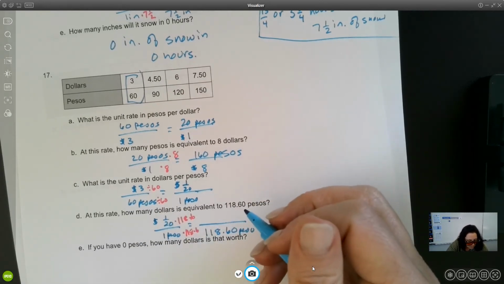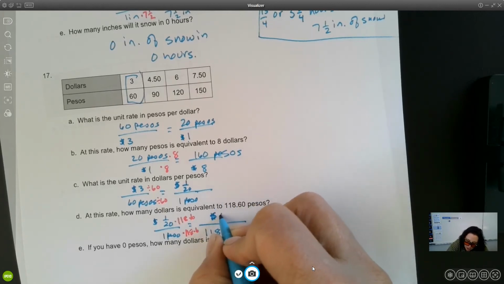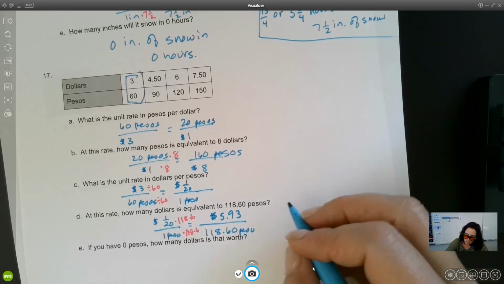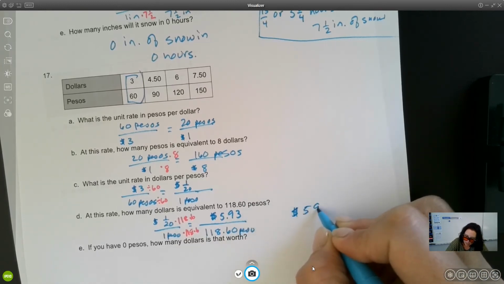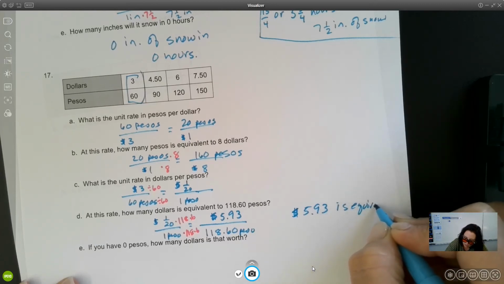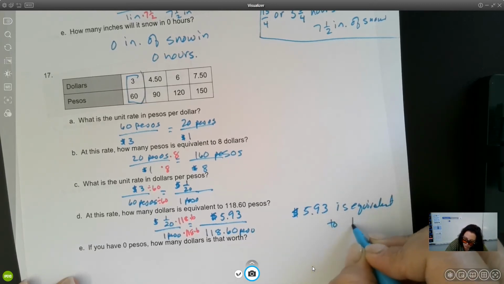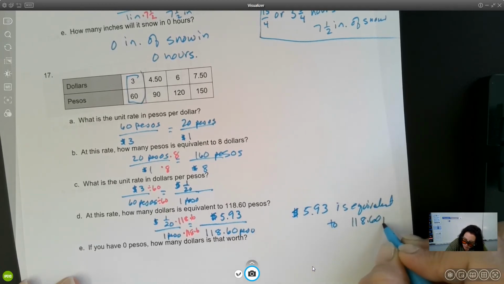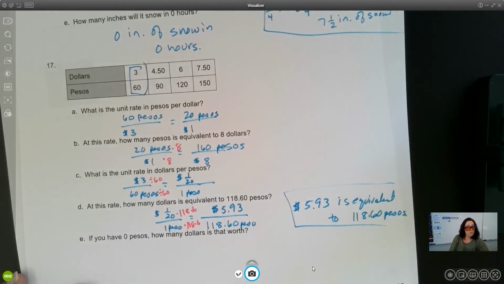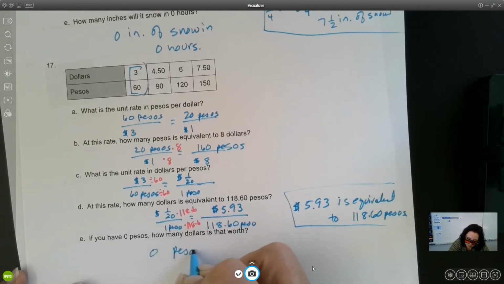And when you do that, it comes out to be $5.93. This is not the answer. Okay, you would say $5.93 is equivalent to 118.60 pesos. That's the answer. If you have 0 pesos, how many dollars is that worth? Nada. Okay, 0 pesos is $0.